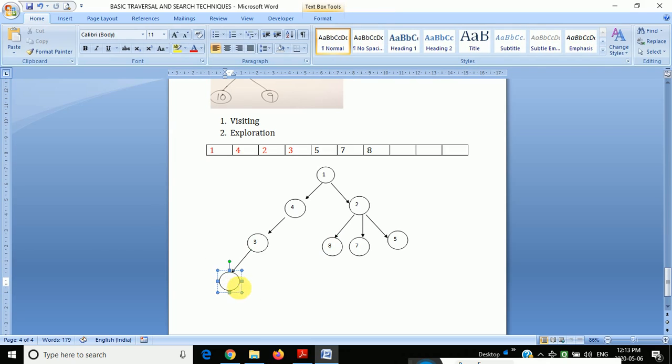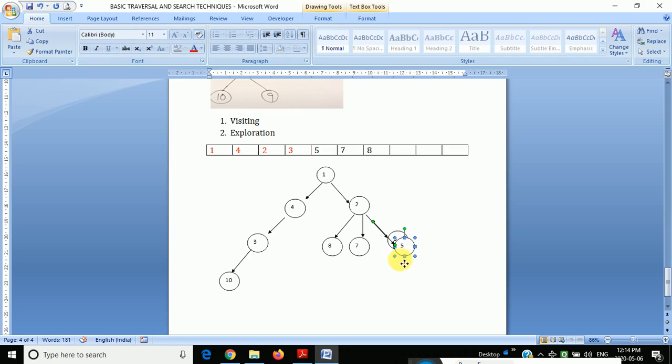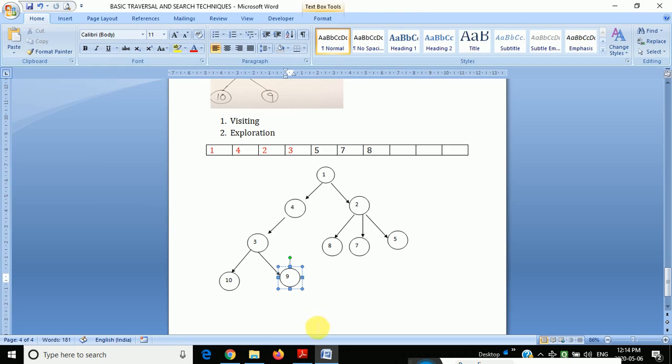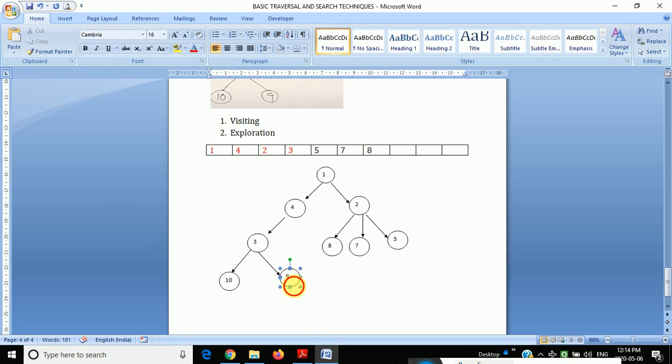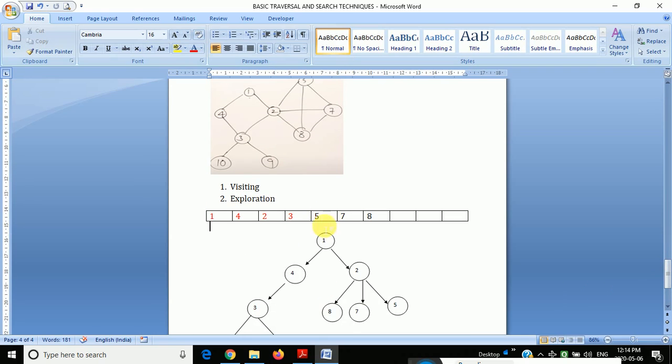Here it is 10, 9. So 10 and 9 have been visited. Now just check, 3 is explored.